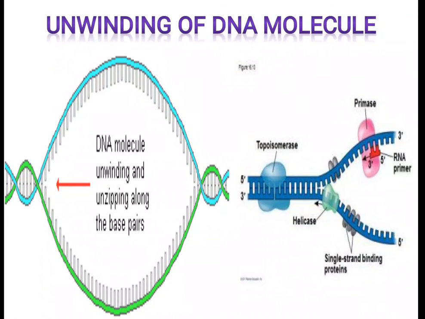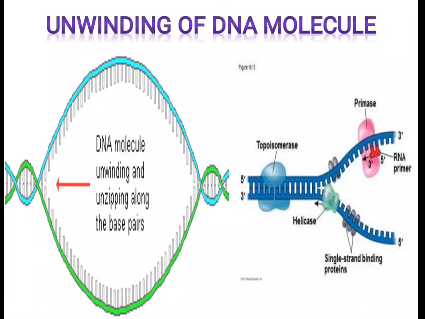Now, single stranded DNA binding protein prevents the reformation of the hydrogen bond, because a question can arise in your mind that once the hydrogen bonds are broken, why don't they attach themselves or remake themselves? There is a protein factor, SSB, single stranded DNA binding protein, which stops the hydrogen bond from reformation.